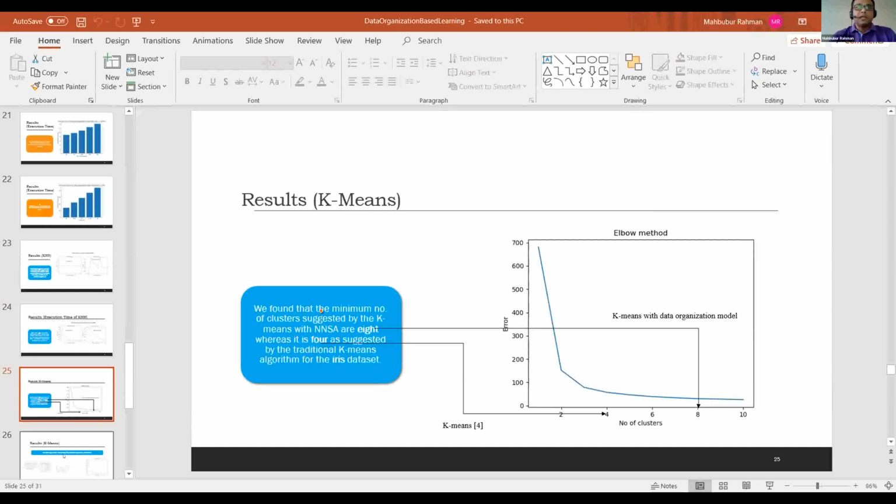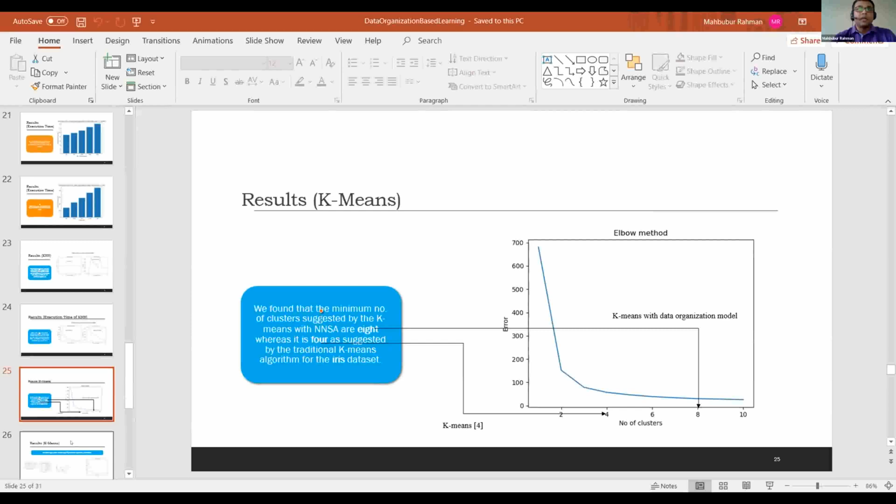Next, k-means results. So we find a very interesting result for k-means here. In the elbow method, actually we try to understand the number of clusters required for a particular data set.